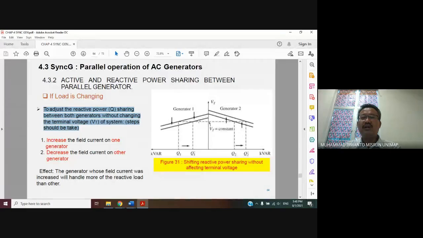So decrease the field current of generator 1, and the reactive power supplied by generator 1 will also decrease.